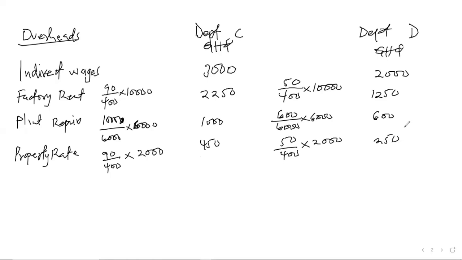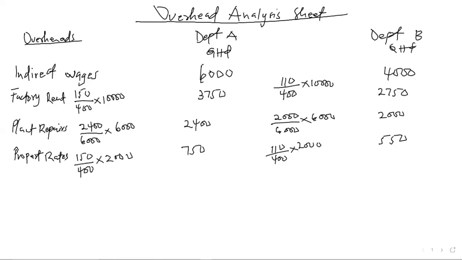Now we move to the next overhead, which is the insurance building. Looking at the insurance building, the appropriate basis for apportionment is the floor area. The floor area for A is 150 over 400 times the value of the insurance building.